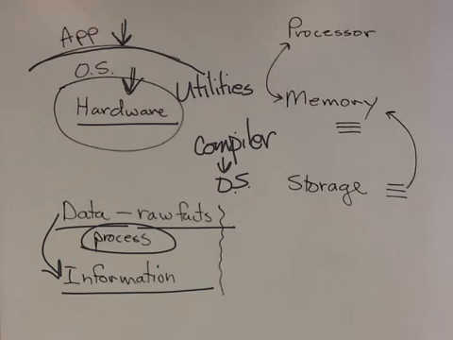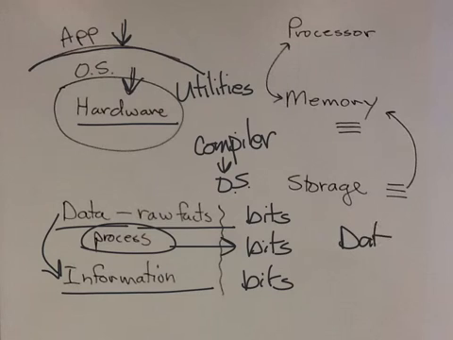Some people said these are bits. Well, I hate to tell you, these are bits. And the programs that do this, they're also represented in bits. Everything in the computer is represented in ones and zeros. But the computer interprets different things. It knows if it's a data file. It knows if it's a program file.